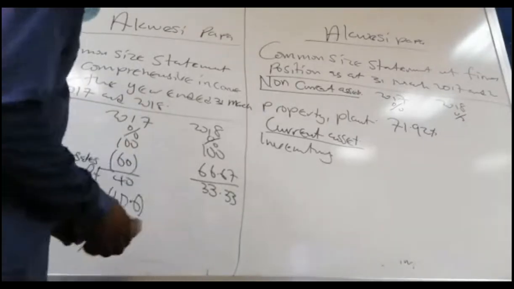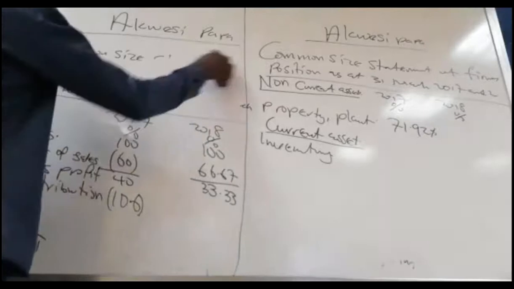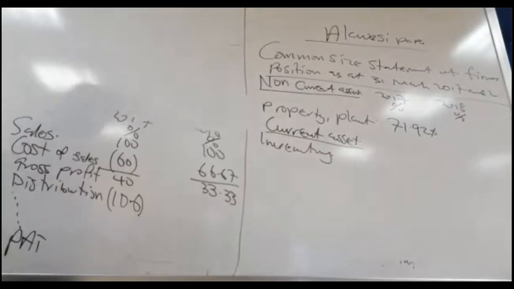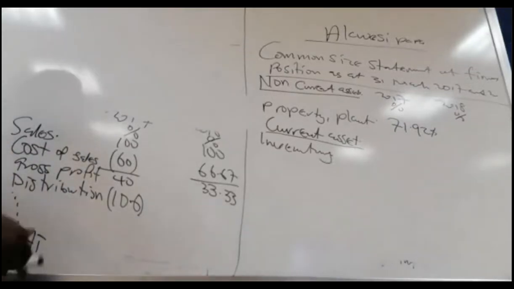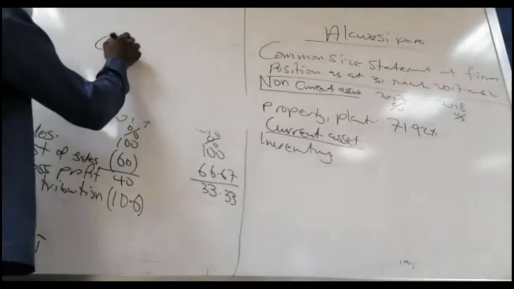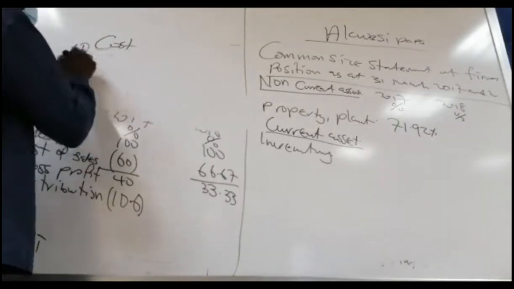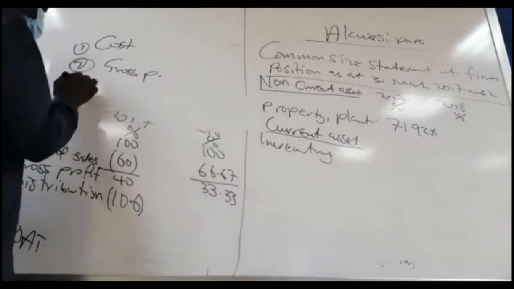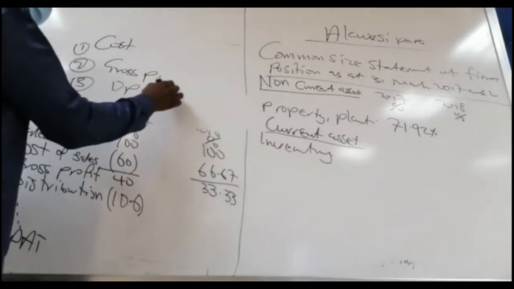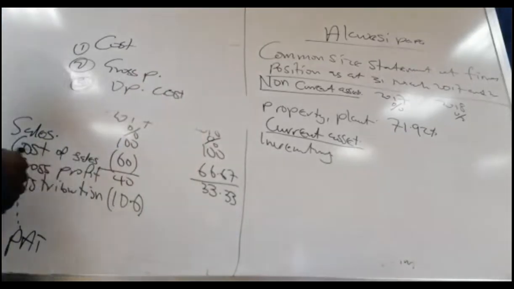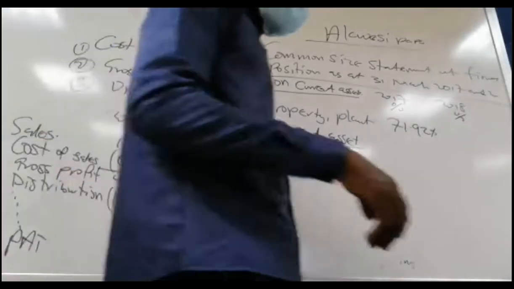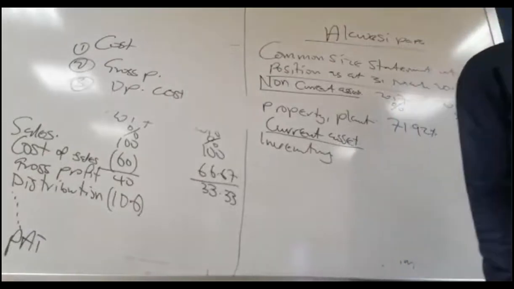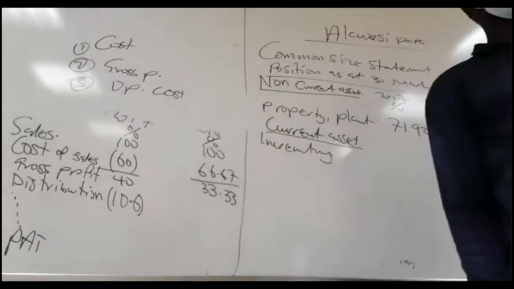So let's put a few things together. I write some items in the profit and loss that we start from. For profit and loss, the items are not many. So first, we talk about cost of sales. Two, we talk about gross profit. Then our operating costs, then we will talk about our operating profits.